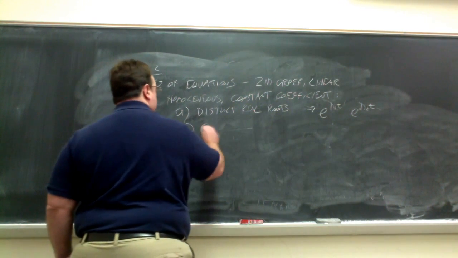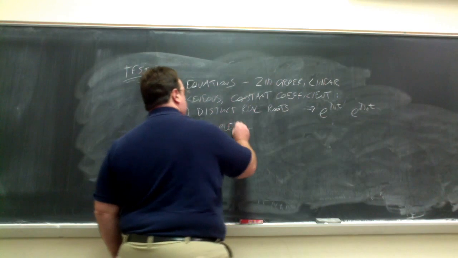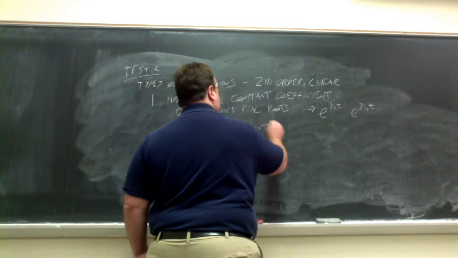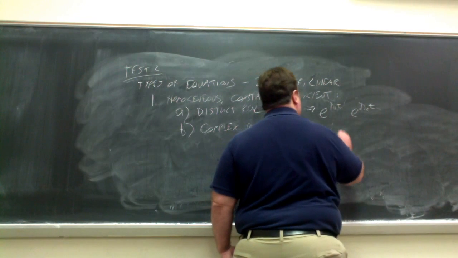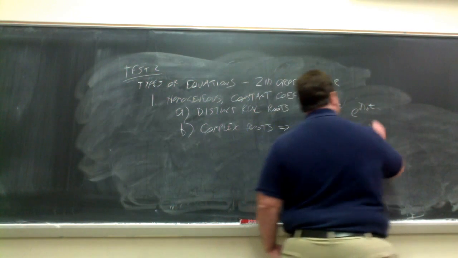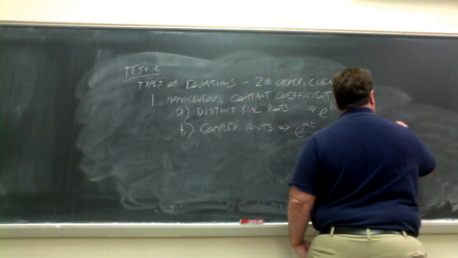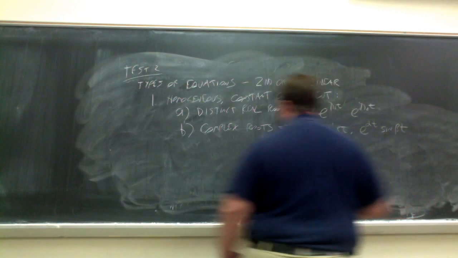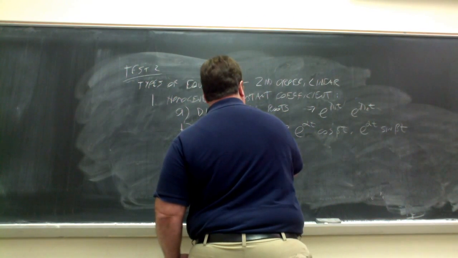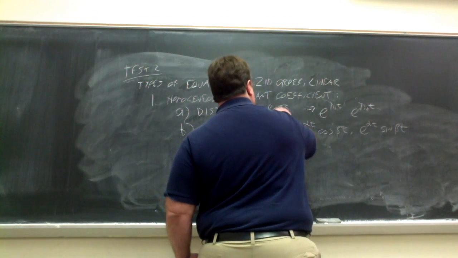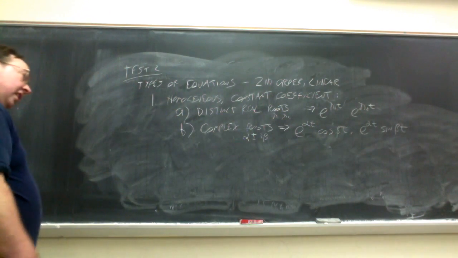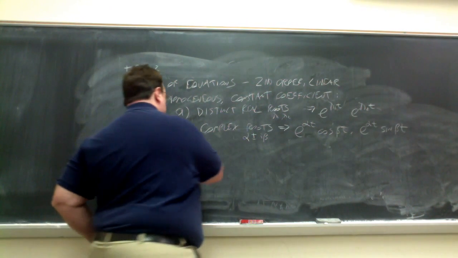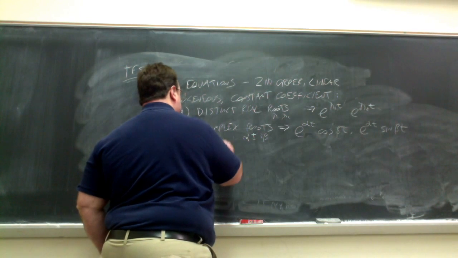Then we have complex roots. So that's going to lead you to e to the alpha t cosine beta t, e to the alpha t sine beta t, where your complex roots are alpha plus or minus i beta, whereas in the first case, your real roots are lambda 1, lambda 2. And finally, repeated roots.